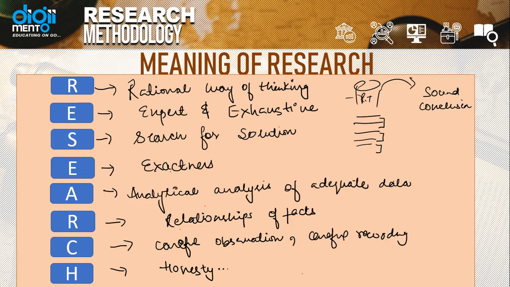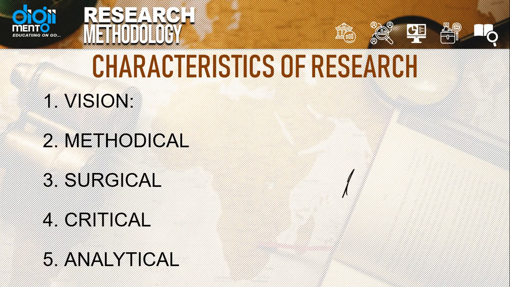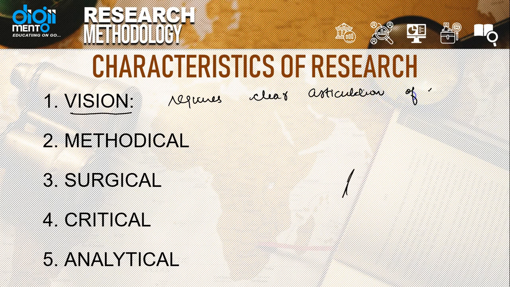Okay, very simple. Now the next one is characteristics of research. We have different characteristics of research, so let's discuss all of them one by one. Now the first one is vision. Vision basically requires clear articulation of the goal.